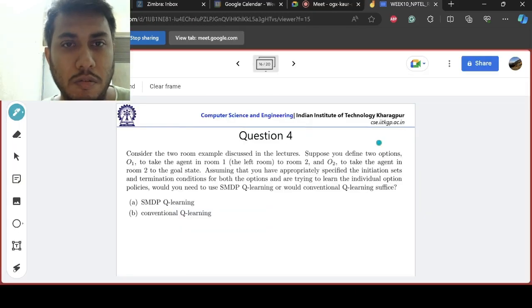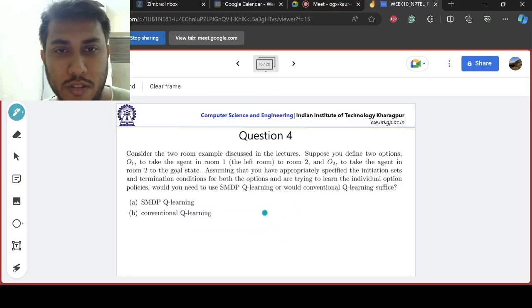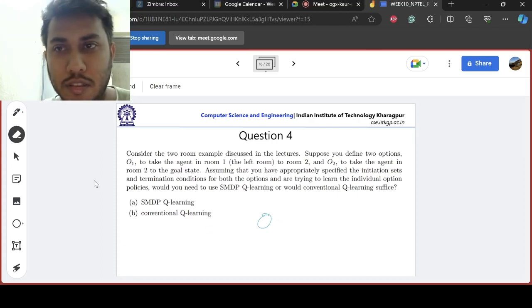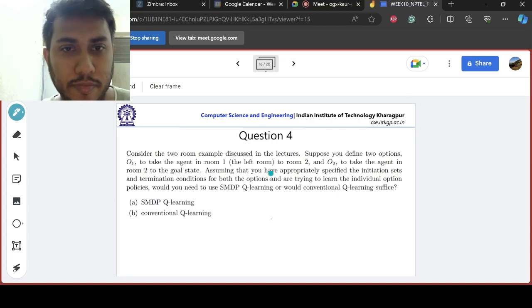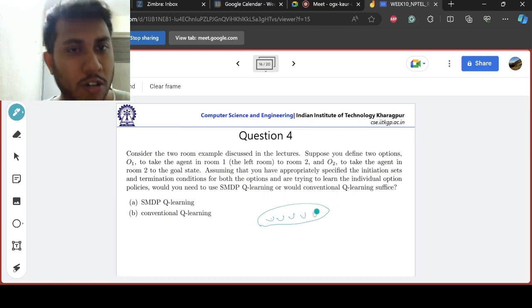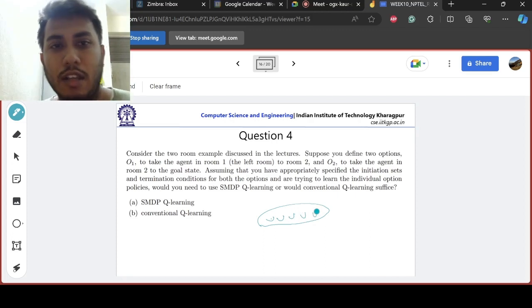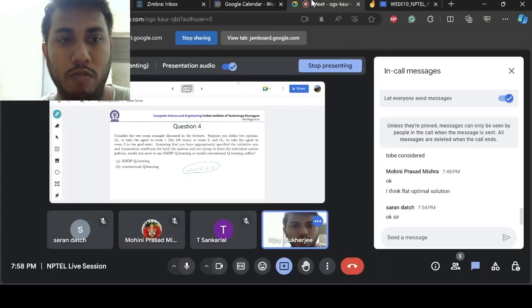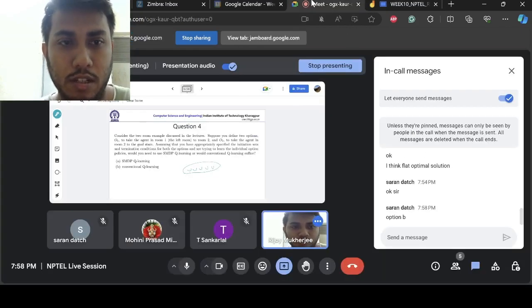So what it is saying is that you are making the transitions inside the option, and you want to learn the policy regarding it. So which one will you select?